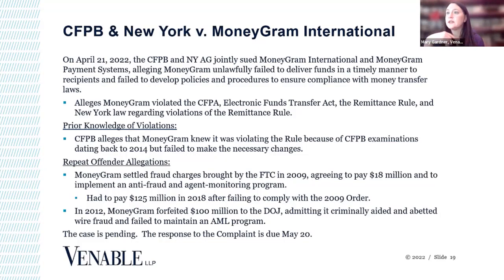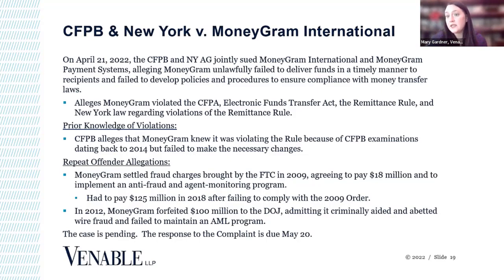They've previously been in the FTC's crosshairs back in 2009 for fraud allegations and agreed to pay $18 million and to implement a pretty stringent anti-fraud and agent monitoring program similar to some of the ones we've talked about.